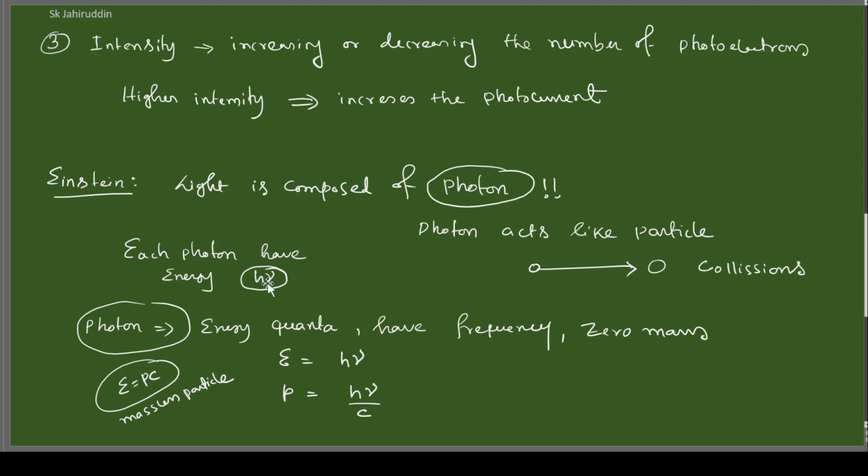So if I assume that light has energy h nu in energy quanta, then we explain it like this: if you have a metal surface, when light is coming, actually small photons are coming.